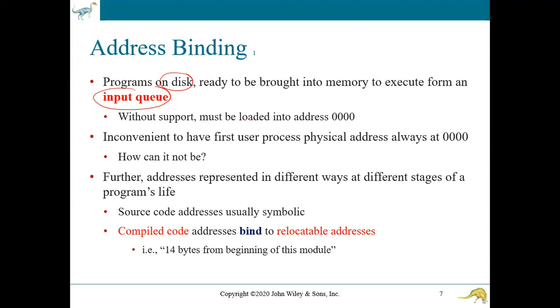Without that support, it must be loaded into address 0. Address 0, where is it actually? The operating system is living in it, right? So somebody has to put the process in the right place. You cannot have every process sitting at the same place. Obvious, right?